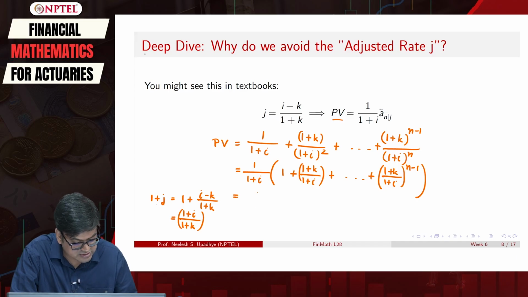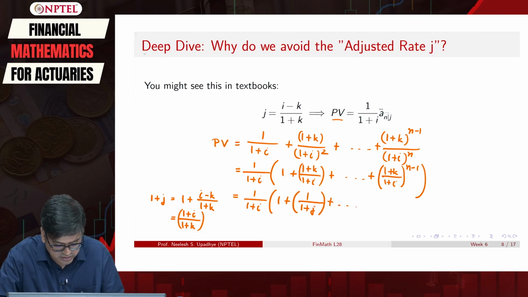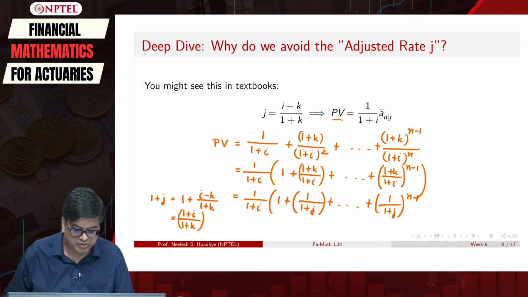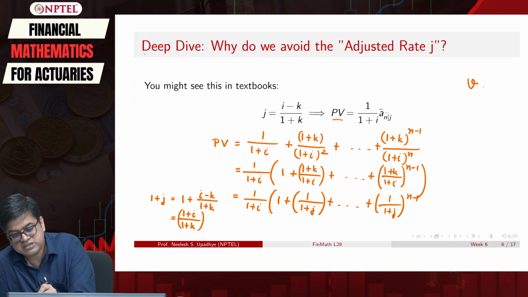So, that means I have something like 1 upon (1 plus I) into 1 plus 1 upon (1 plus j) and so on and so forth up to 1 upon (1 plus j) raised to n minus 1. So remember this, what is this 1 upon (1 plus j)? According to our formulation, this is going to be V. V will be equal to 1 upon (1 plus j), right.